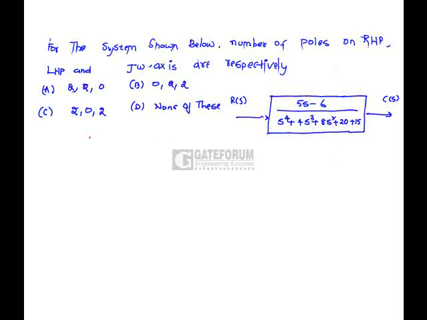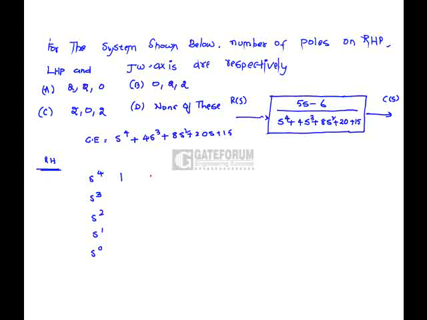So the characteristic equation is S power 4, 4S cube, 8S square, 20S plus 15. So the RH table is S power 4, S power 3, S square, S1, S0.